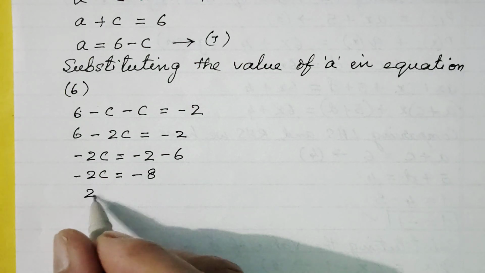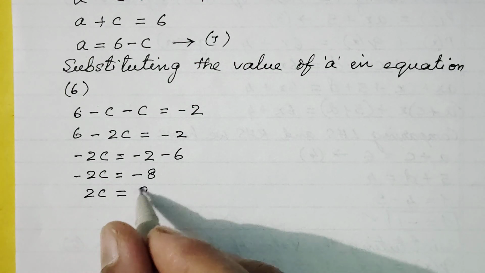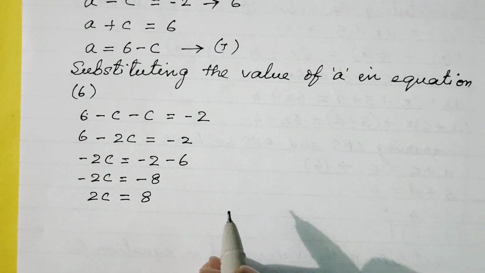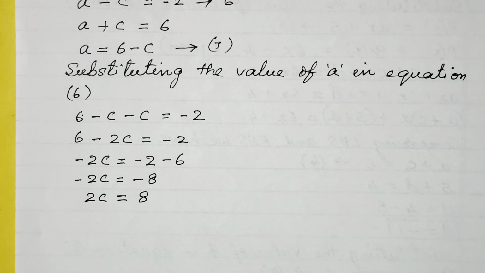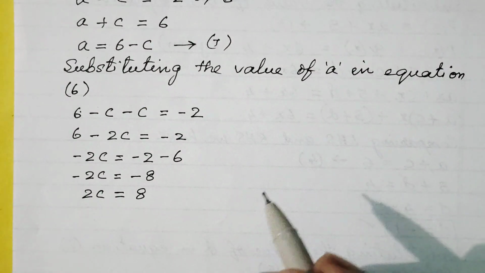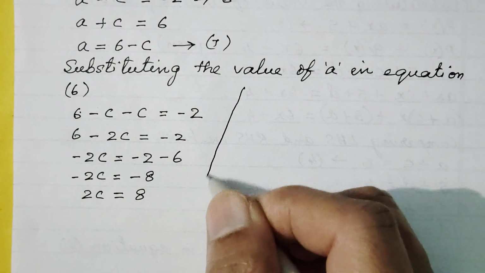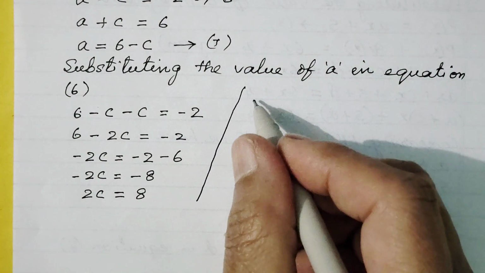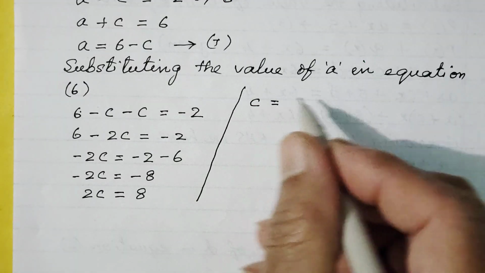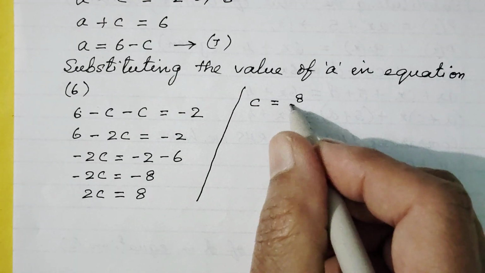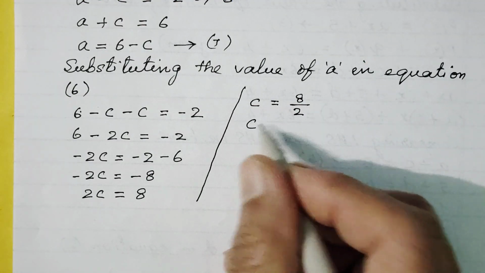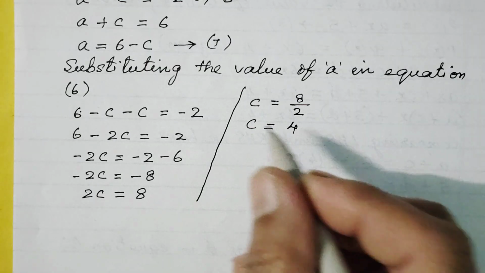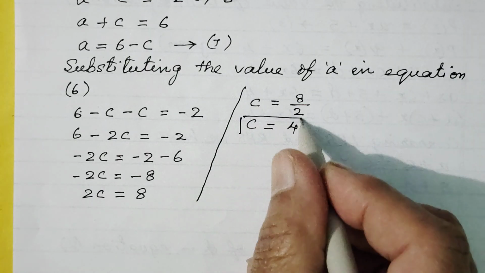So 2c will be equal to 8. So c will be equal to 8 by 2. So c is equal to 4. So I got the value of c here.